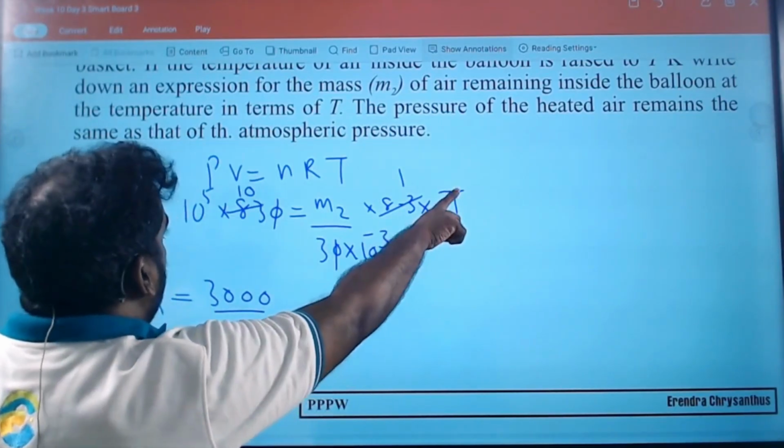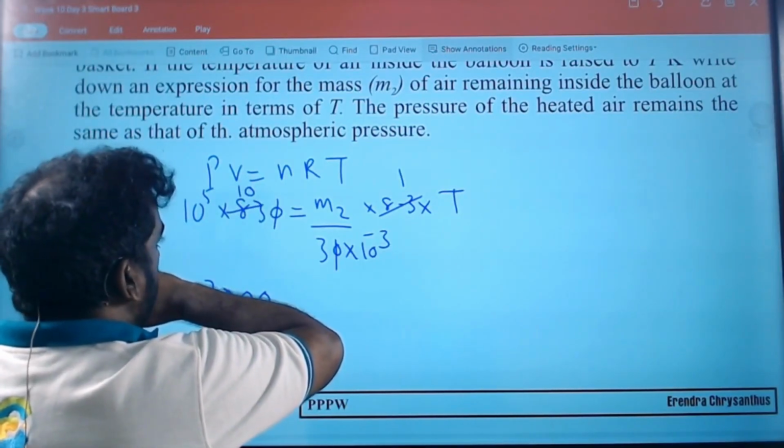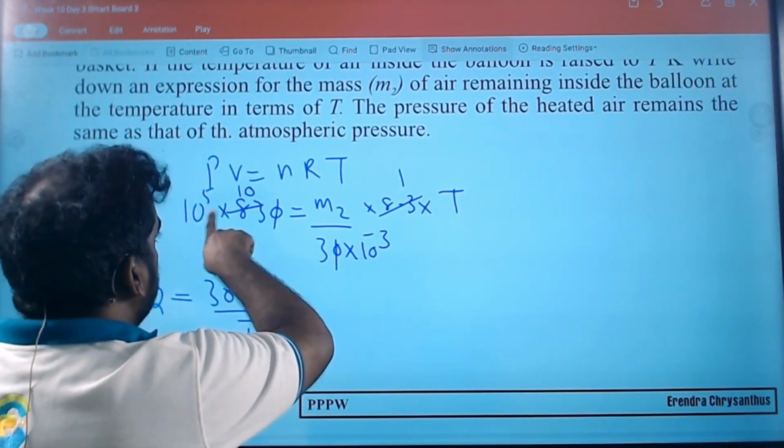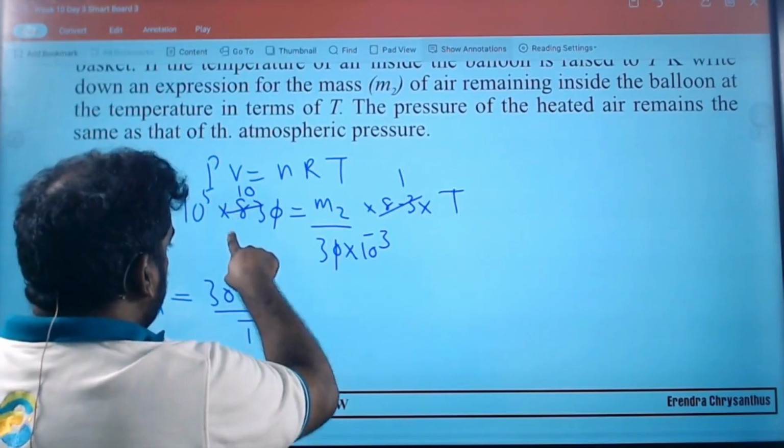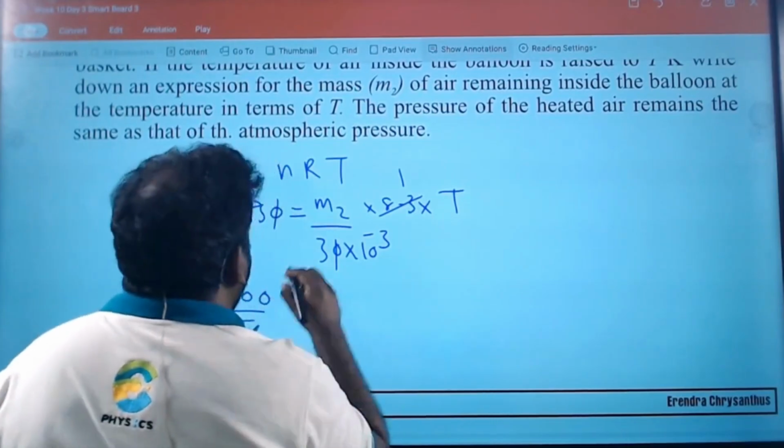Right. 8.3 times 10 here. 10 to the power 6, 10 to the power 3. I made a calculation error. I think I made a calculation error. We'll have a look at this.